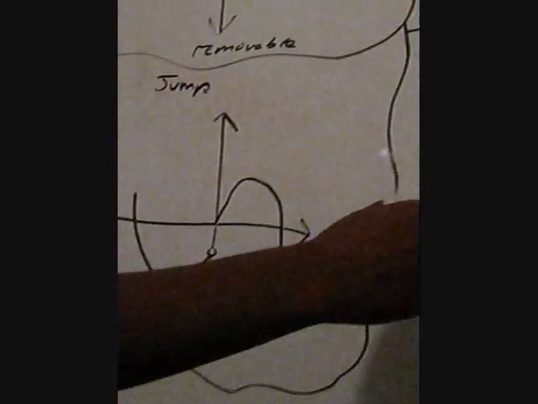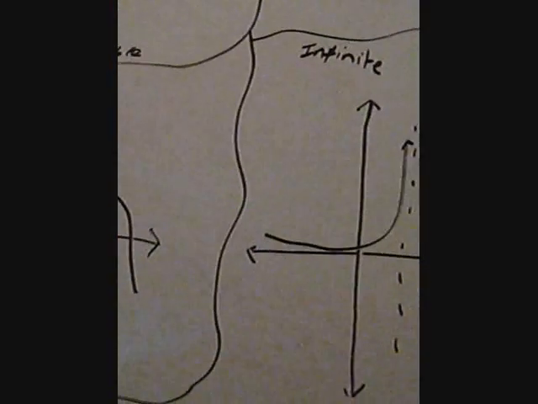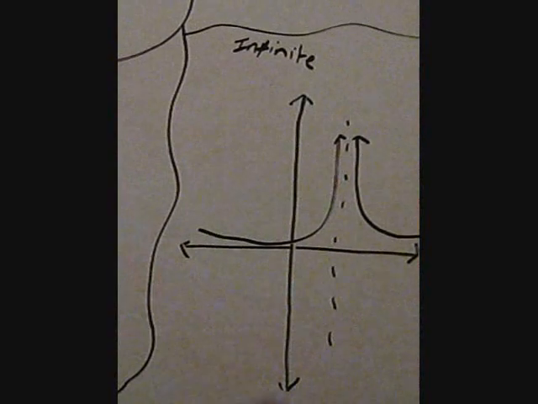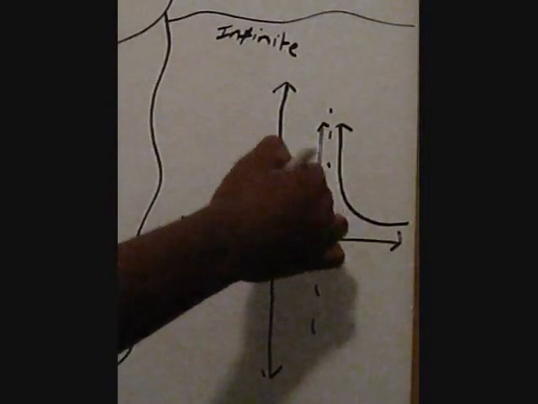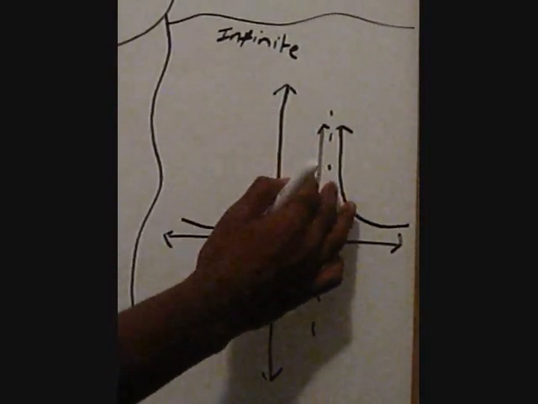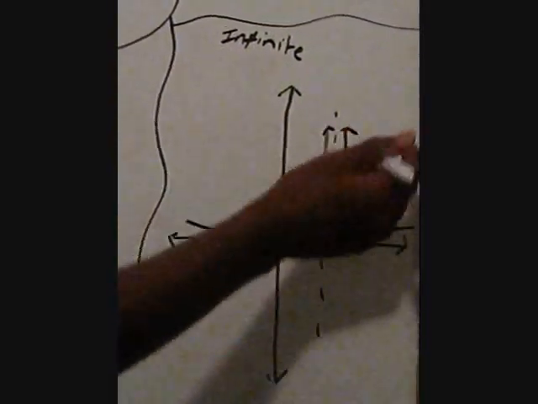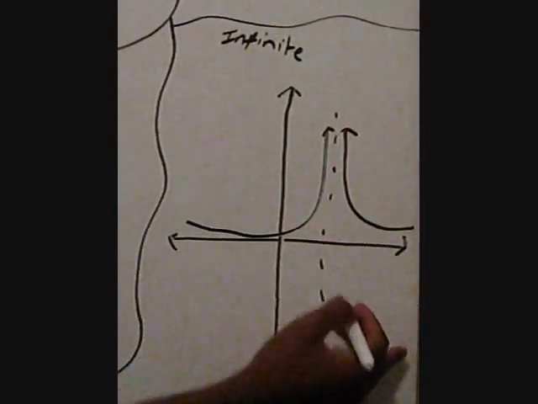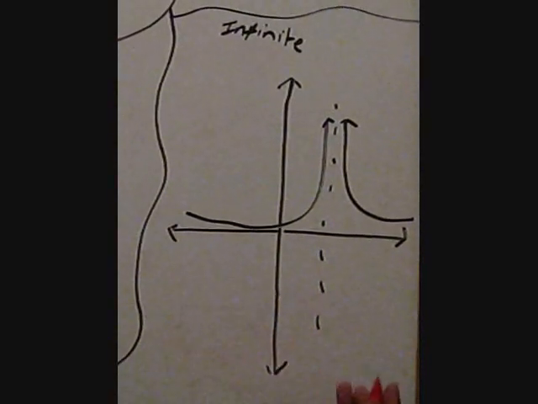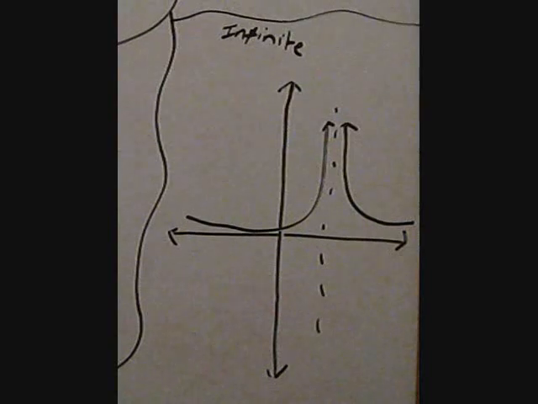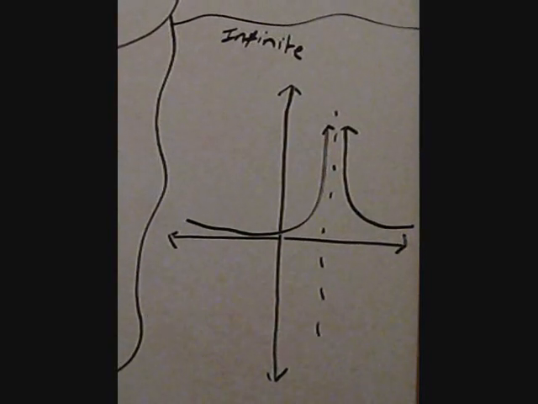Now, the next example of discontinuity is infinite discontinuity, where either both sides are going up towards infinity, or one side is going downwards to negative infinity, where there would be no limit. And basically, that's continuity in a nutshell.